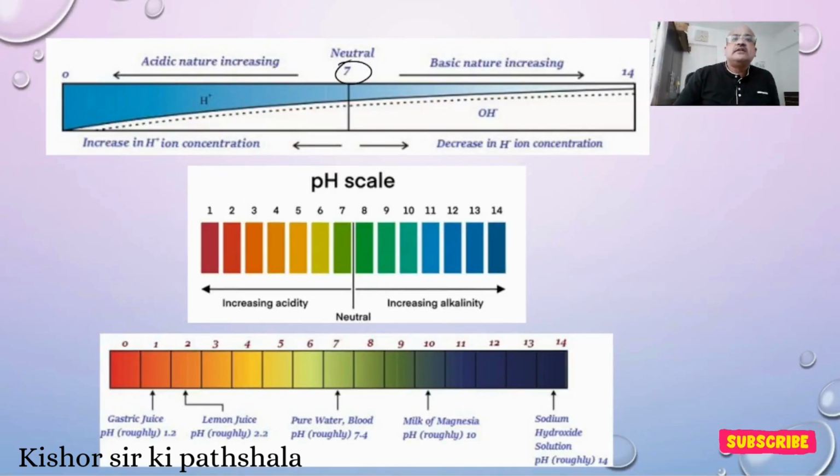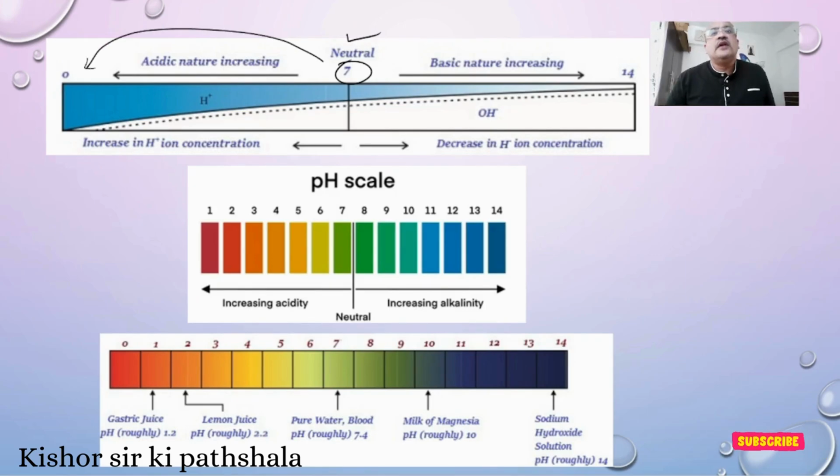Here we see that if the value is 7, then that is my neutral. If you go on this side, you'll see that the acidic nature is increasing, going from 7 to 0. Here the acidic nature is increasing, which means the concentration of H plus ion is increasing.